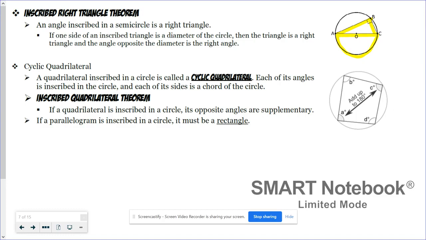So the measure of the angle is half the arc. The arc would be 180, which means the angle would be 90 degrees. So it makes perfect sense that an angle inscribed in a semicircle is a right angle.